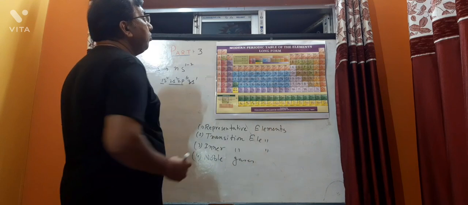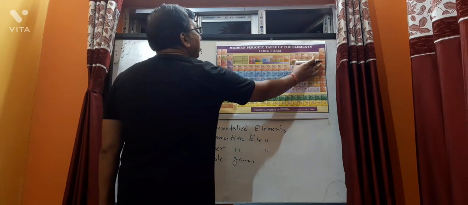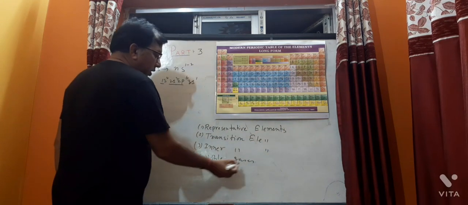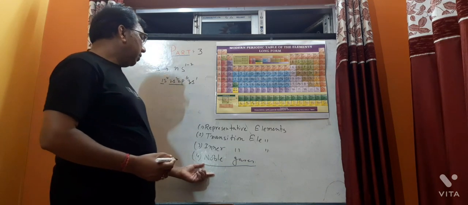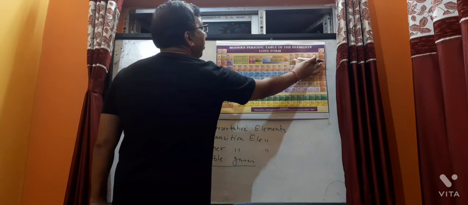In case of p block elements, 13 to 17. P block means 13 to 18, but he distinguished the noble gas elements. Representative elements are the s and p block, that is 13 to 17, only 5 groups.